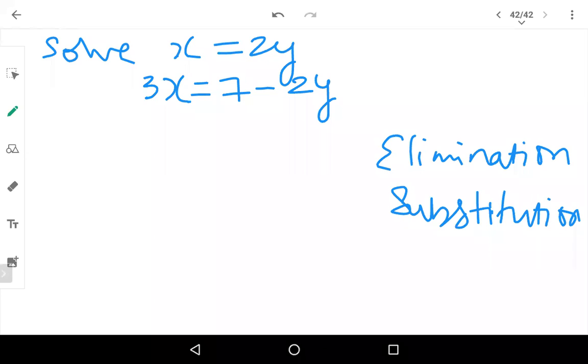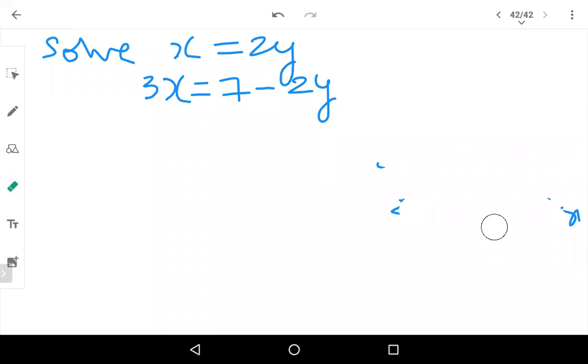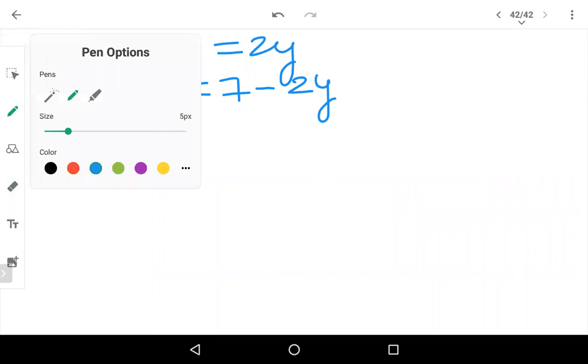Because x is equal to 2y is already given to us. Very good. So x is equal to 2y is already defined to us. So we will be considering that and we will go with the substitution method. Great. Which means you have understood the methods. Now let us continue.